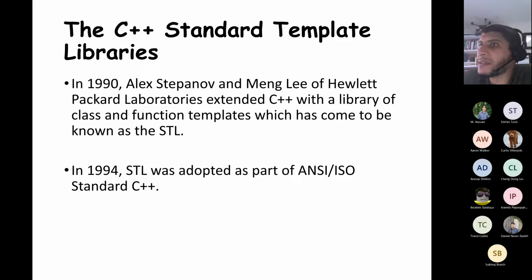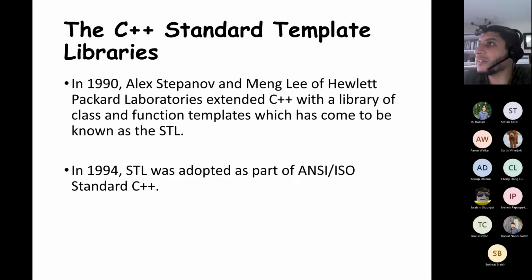So how did this STL library start? Well, in 1990, two engineers from HP extended C++ with a library of class functions and templates. So they used what we discussed in the past lecture. This is why STL comes very naturally after the template lecture, because the main starting point of STL, as the name says, is the Standard Template Library.